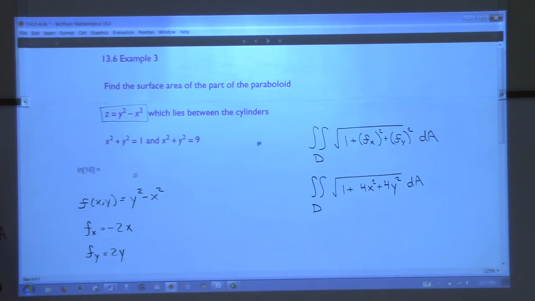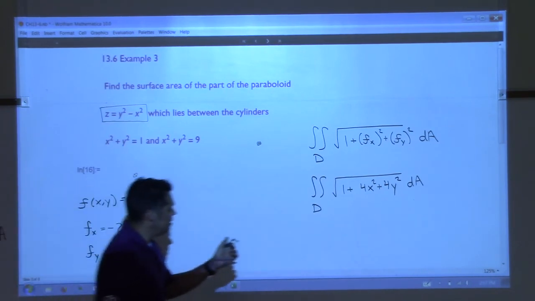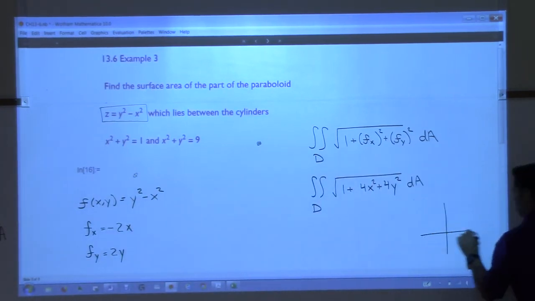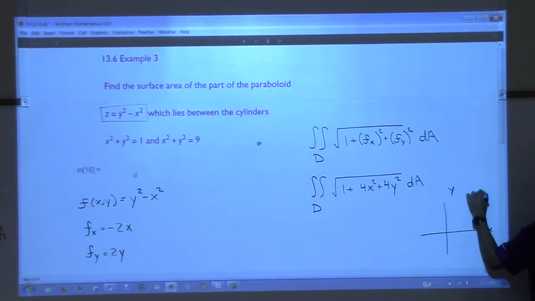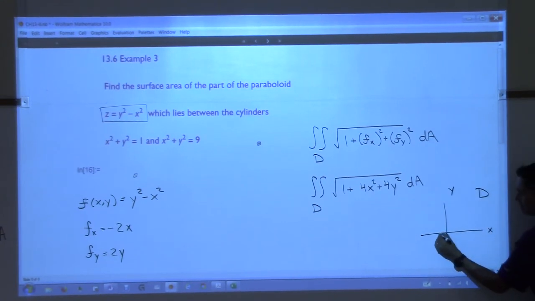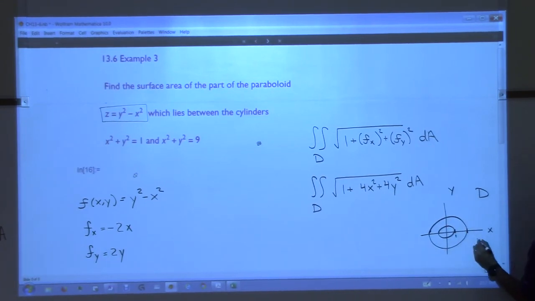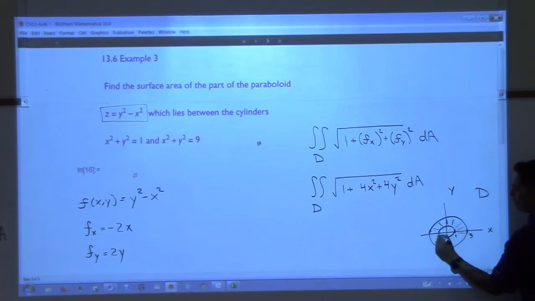What is the domain in the xy plane? It's the circles, those two circles. When you look at D on the ground, here's x, here's y. D was the stuff in between 1 and 3. This is your domain on the ground, isn't it?